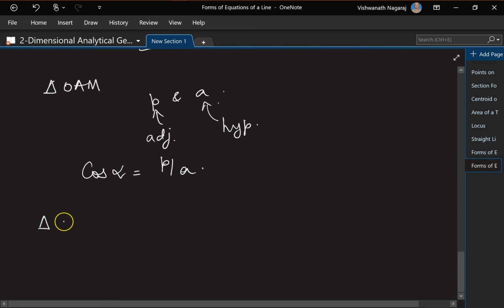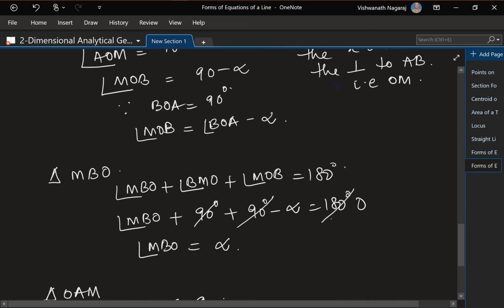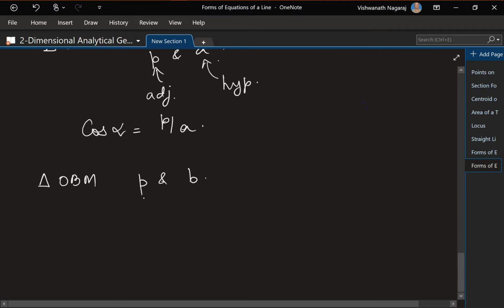Similarly, triangle OBM, now we require p and b. Now p with respect to this alpha is the opposite side and this is the hypotenuse.